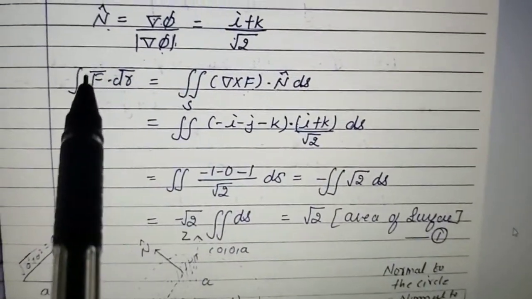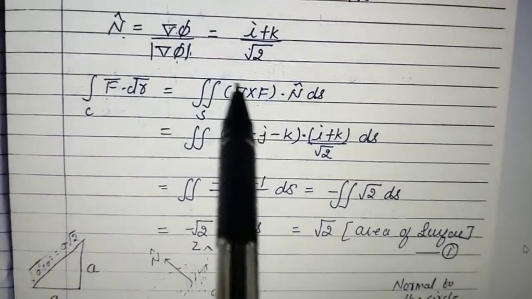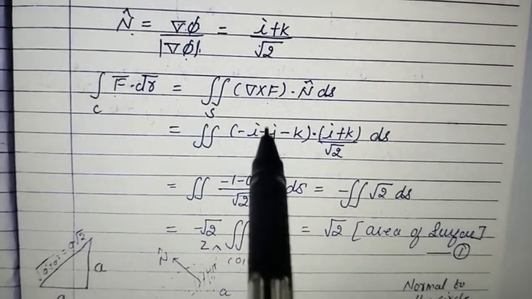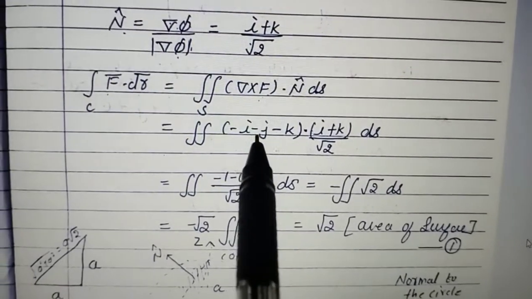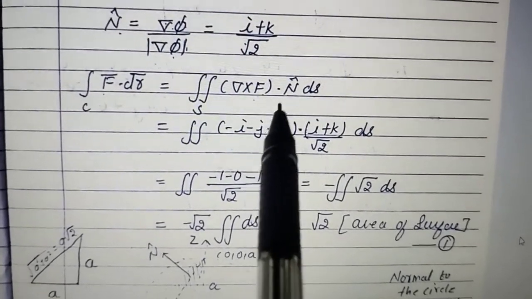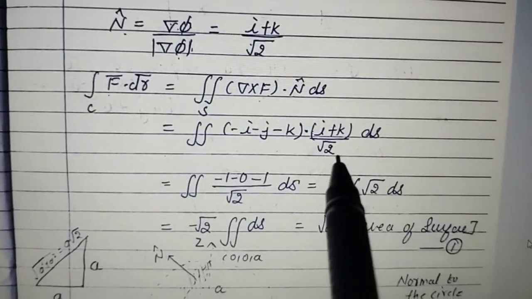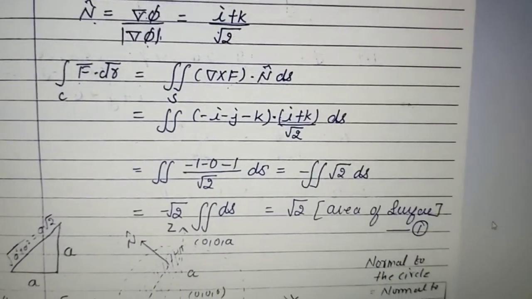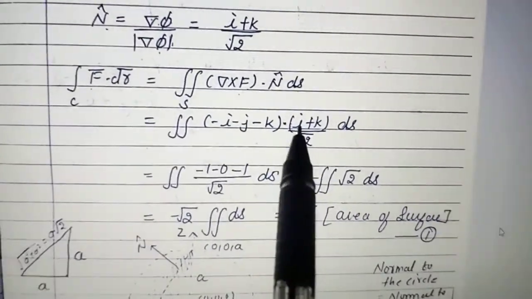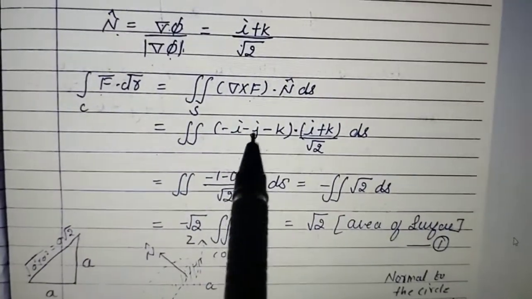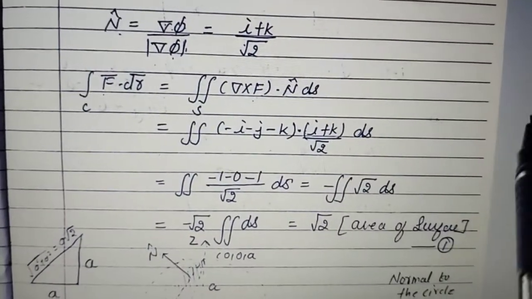Now using the Stokes theorem, we will put the value of del cross f, minus i minus j minus k, dot n cap value i plus k upon root 2, and ds. Now the dot product: i dot i, j dot j, k dot k will be 1.